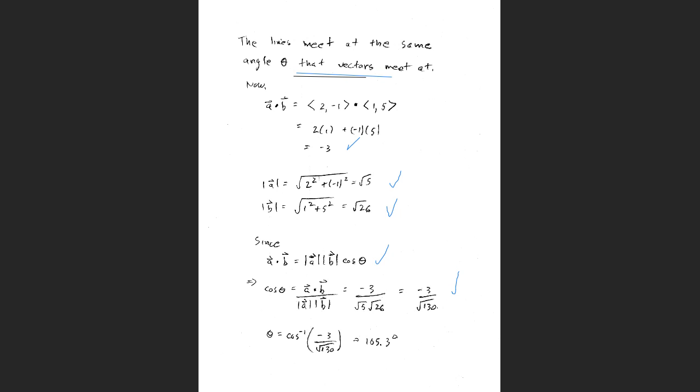And so theta will be the arc cosine of -3 over the square root of 130, and you get 105.3 degrees.